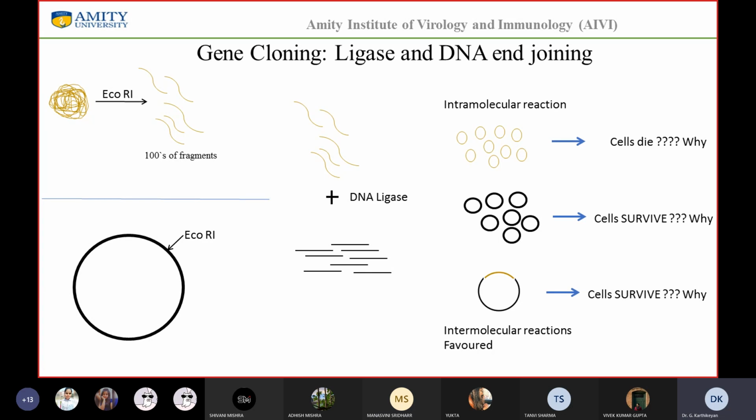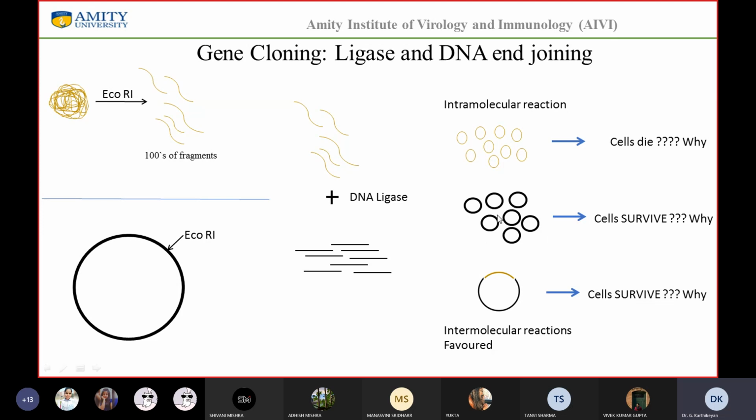So typically, just compare this versus this. What does this vector have? This will have ampicillin resistance, kanamycin resistance, something will be there, right? And these cells are going to be plated on a plate with ampicillin or kanamycin, right? Do these fragments have the ampicillin resistance or kanamycin resistance? They don't have, right? So they all will die.